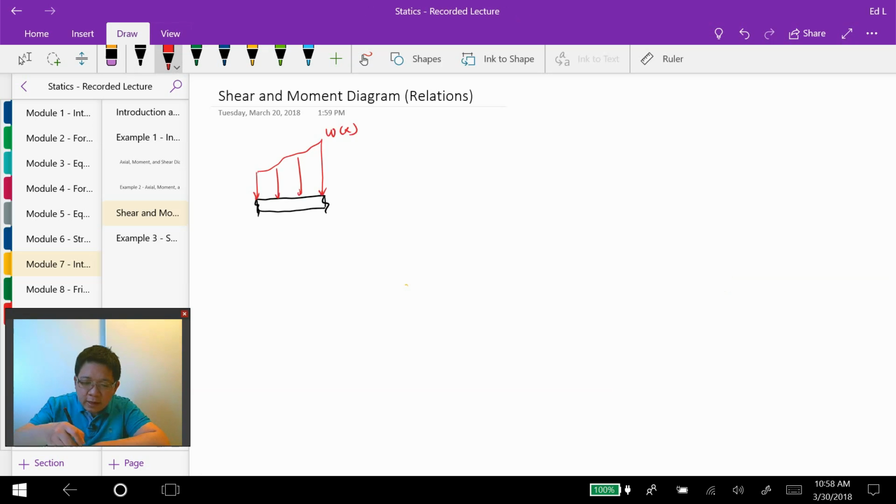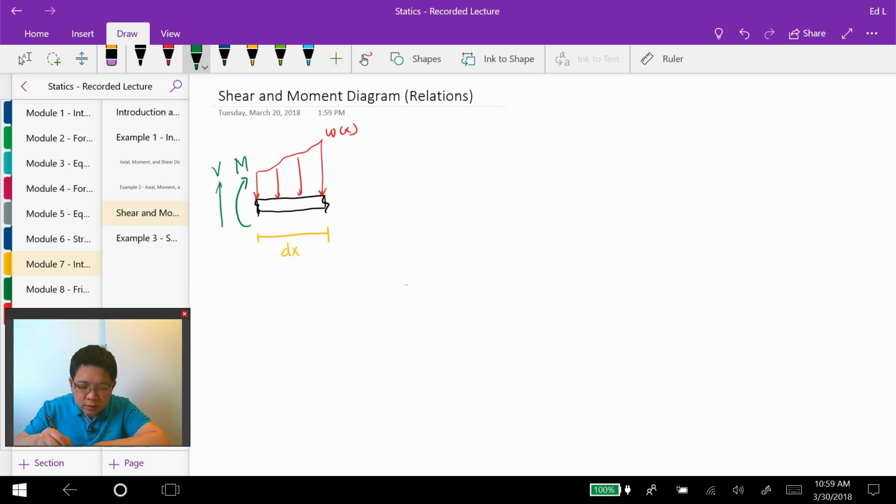Let's say that the section of the beam here has a length dx, so it's infinitesimally small. We can sketch the internal forces on the left end of this section of the beam as M and V, and notice that I draw everything here in positive sign conventions.